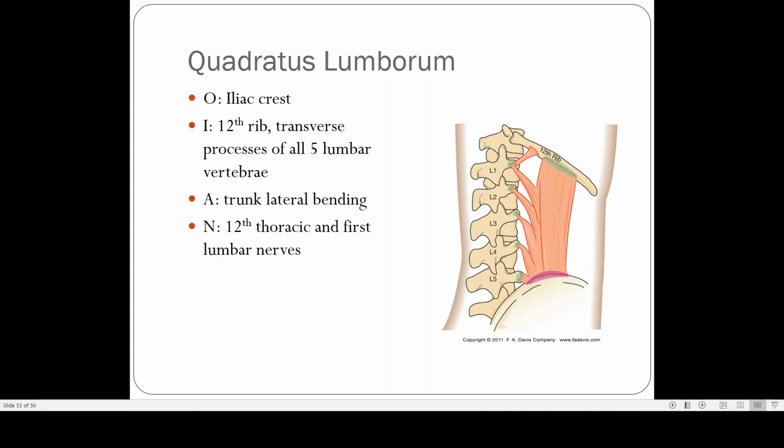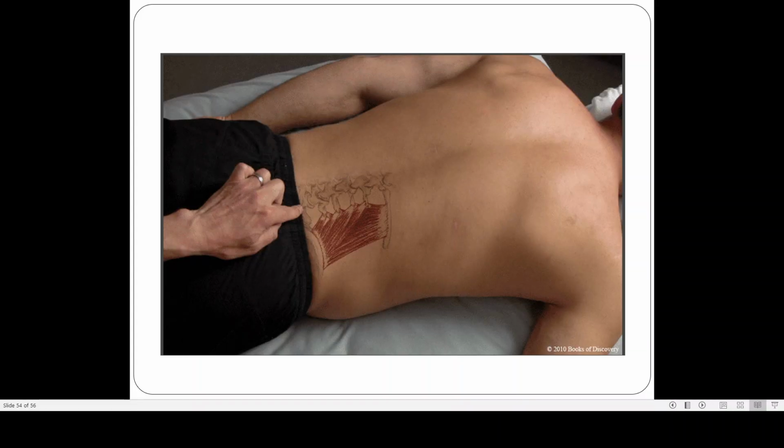So in order to lift your hip up while standing, you use a reversal of muscle action. The 12th thoracic and first lumbar nerves innervate it. And there you can see it. That one looks pretty posterior. When palpating it, we're going to have our hands on the iliac crest, push in, and then feel for it there.